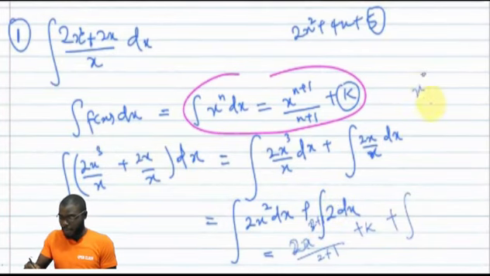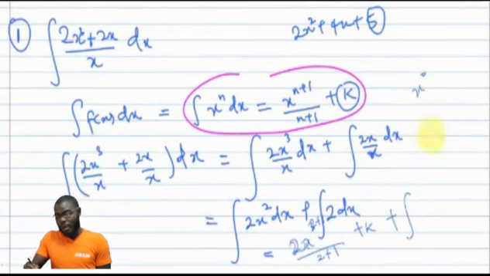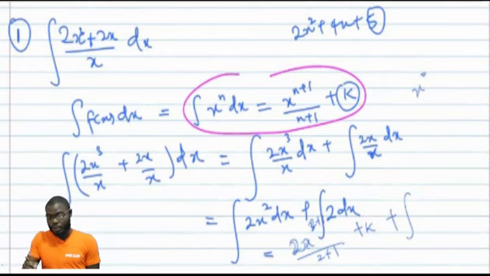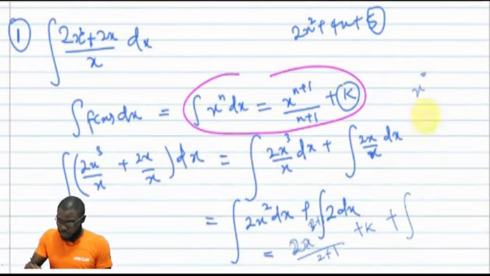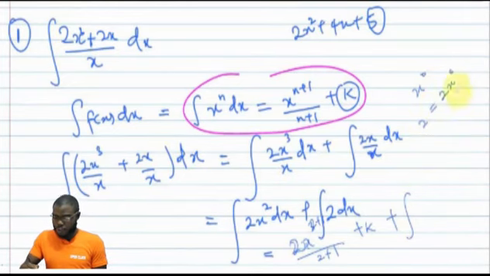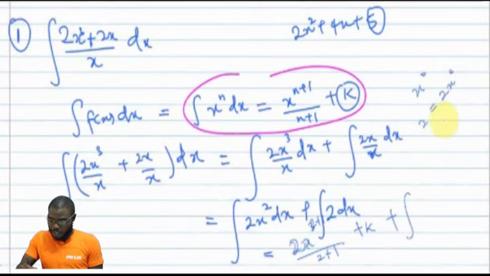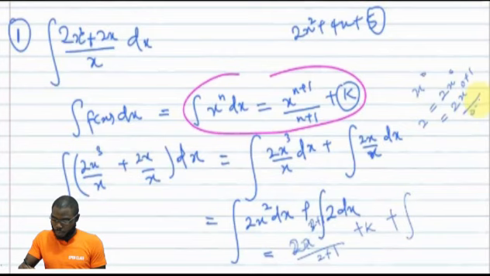the coefficient 2 here, which is 2x raised to the power of 0. Remember in mathematics that any number to the power of 0, apart from 0, is 1. So we would assume that 2 is the same thing as 2x raised to the power 0, such that when we integrate it, we are going to have 2x raised to the power 0 plus 1 all over 0 plus 1.